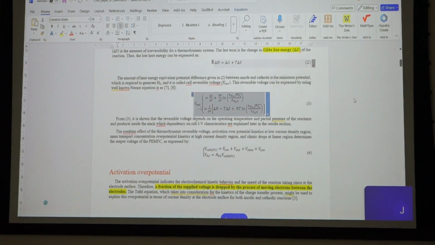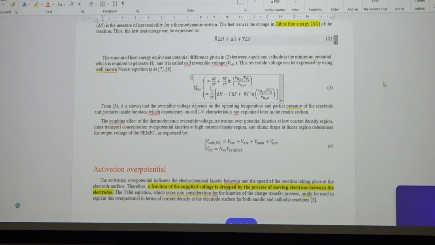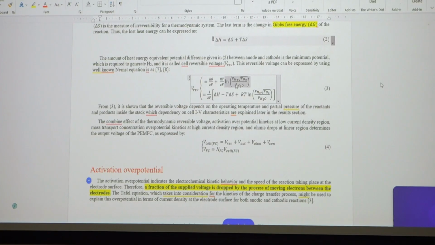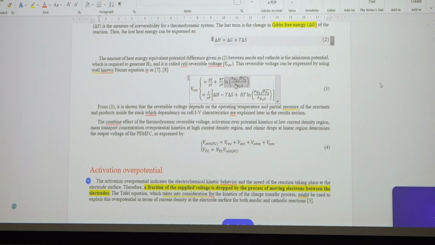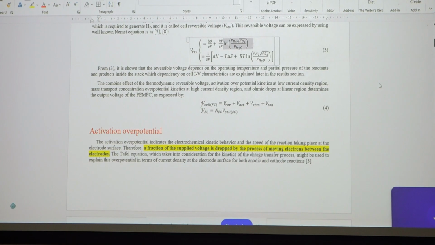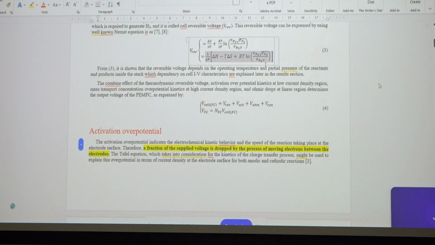Here we can see the reversible voltage. The reversible voltage is highly dependent on the pressure of hydrogen, the pressure of oxygen, and the pressure of water. So we can rewrite these first equations in terms of entropy and the energy release required for the chemical reactions, as in the one below.